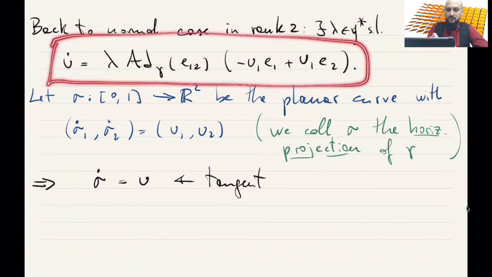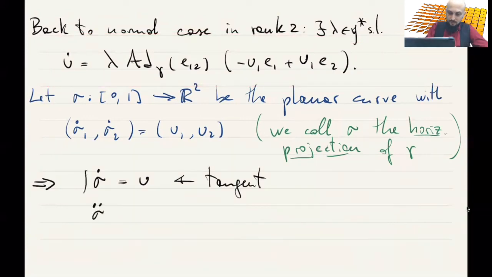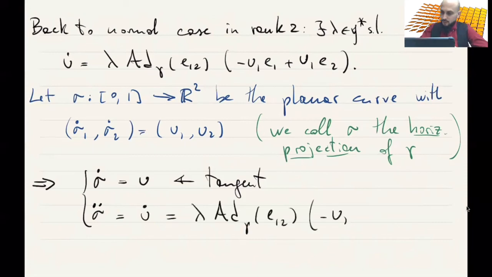So for the second derivative sigma dot dot, we know, this is u dot, satisfies the equation lambda, Ad gamma E_{1,2} times (-u2 E1 + u1 E2). Remember, the curves are smooth, so we can consider all these derivatives.